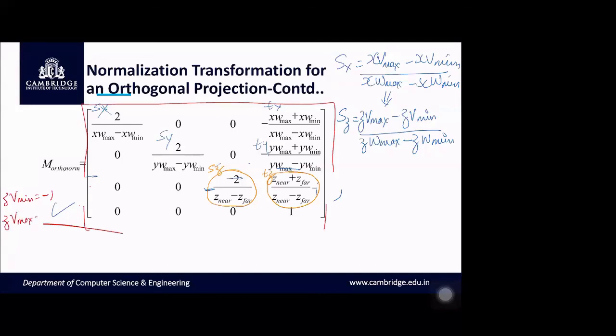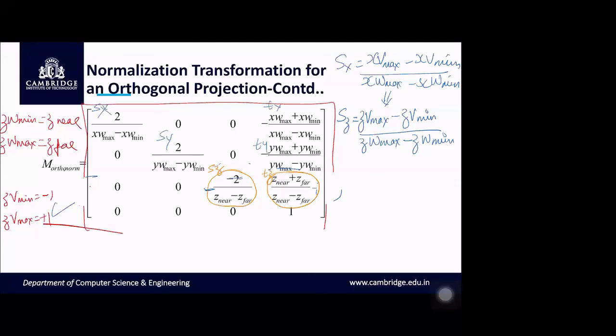ZV max is equal to +1. Right? ZW min is equal to Z near. ZW max is equal to Z far. Correct? From the previous figure I have taken.